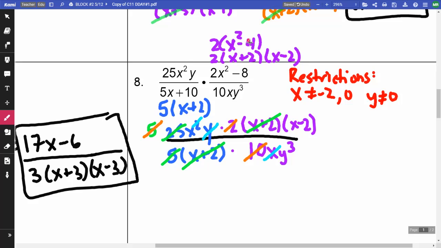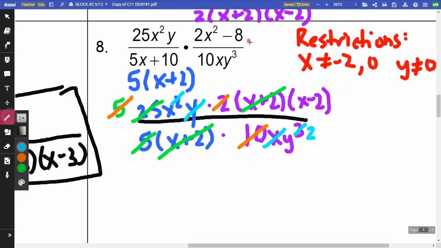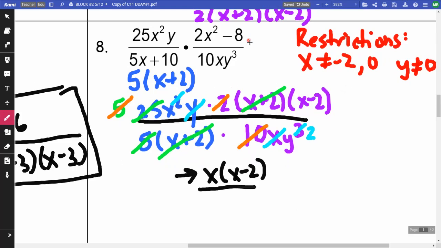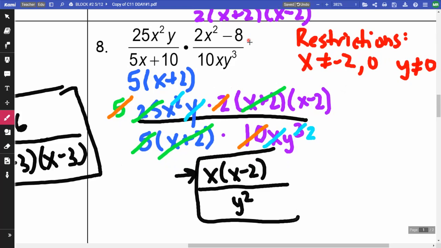This y with this, so this is actually going to be a y squared. And then if I rewrite that, on top I have an x and an x minus 2. On bottom I have a y squared, and that's your answer.